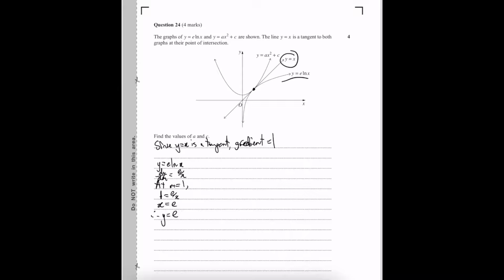So therefore the point is (e, e), and m equals 1.